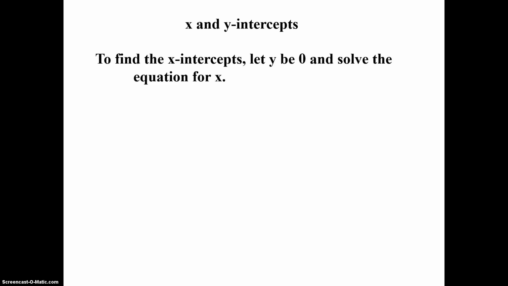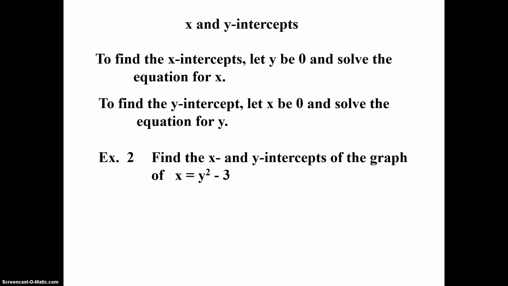So going back to the slide, we're going to go ahead and do an example. It says, find the x and y intercepts of the graph x equals y squared minus 3.